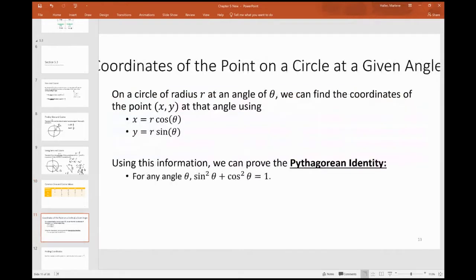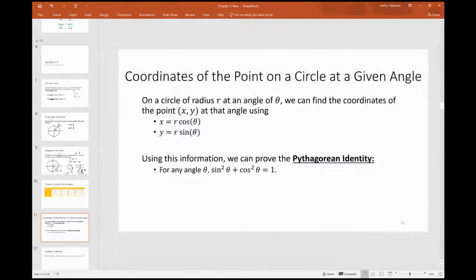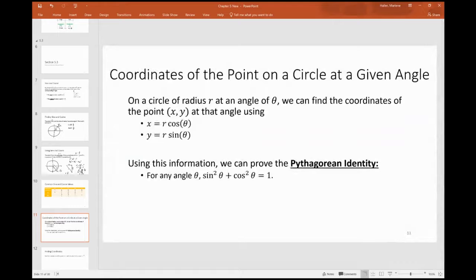So let's take a look at finding the coordinates of a point on a circle. For any given angle, if we consider the definition of the cosine of some angle, it was x over the radius.